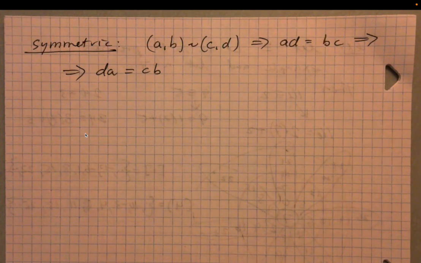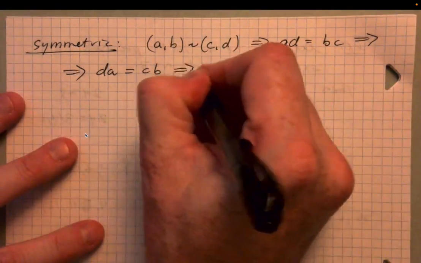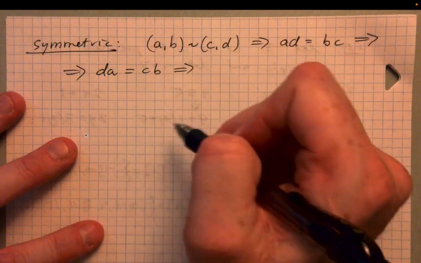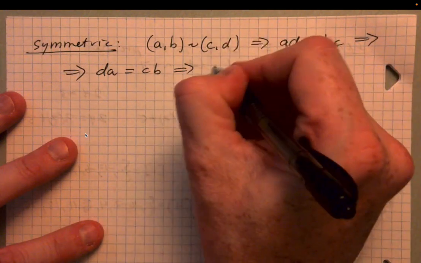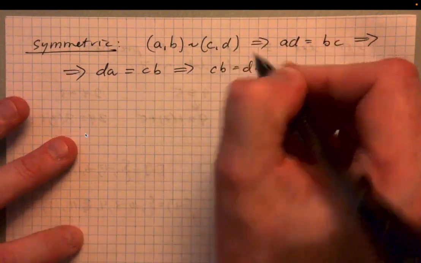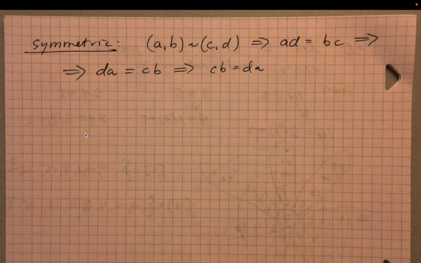And they commute, so I can commute the multiplication, no problem. The other thing I can do is, instead of writing DA equals CB, I can write CB equals DA. That's just saying they're equal. It doesn't matter if I say A is equal to B, I can just as easily say B is equal to A. I can flip the order.